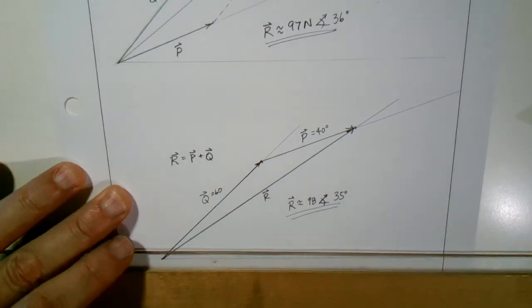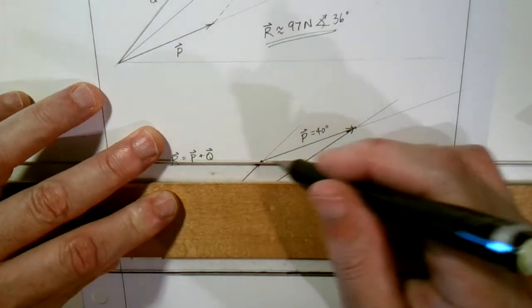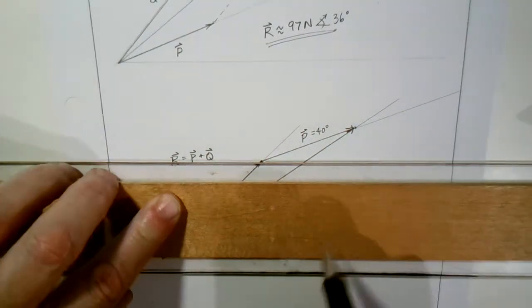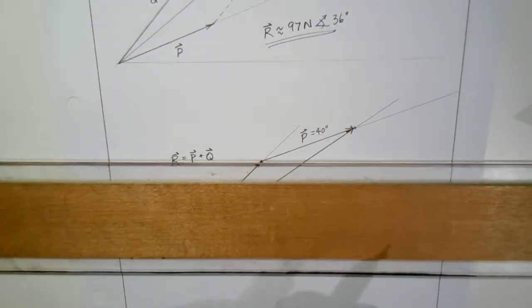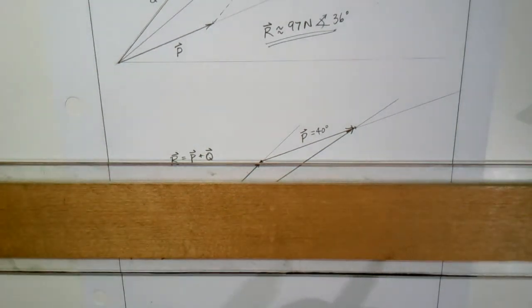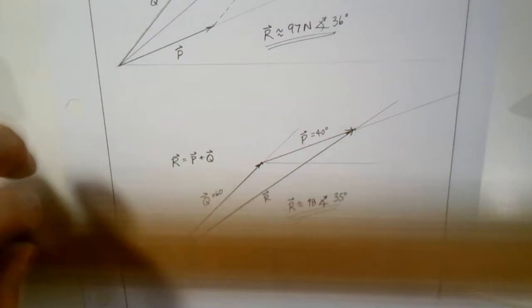Right here. But you don't have to do this. In fact, you don't have to do it by way of using your drafting supplies. In fact, it's probably better not to, because on an exam or whatever, you want to do it by an approximate method. So let me draw this separately.